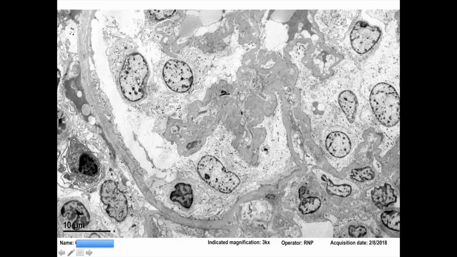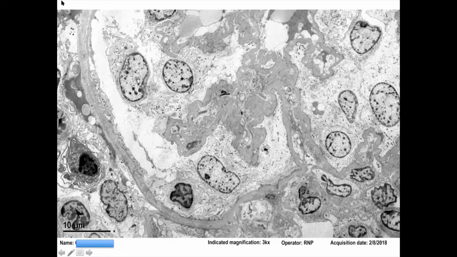We usually never see them very evidently in glomeruli. We see them when we have a crescent, going in like this. This is the Bowman's capsule over here. This is actually 3K, a very low magnification on electron microscope, so that we have a bird's eye view.